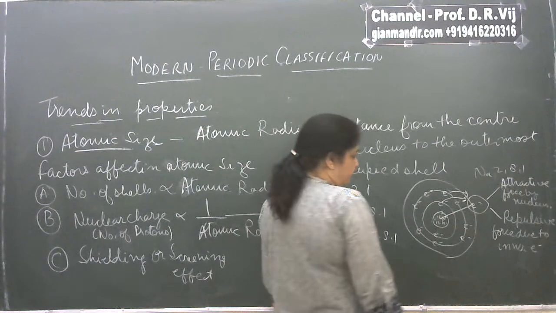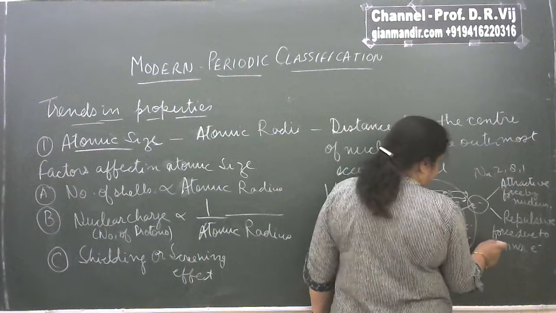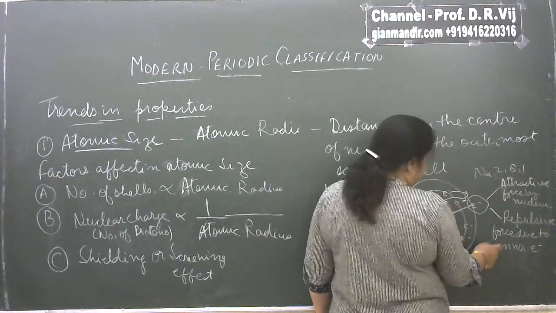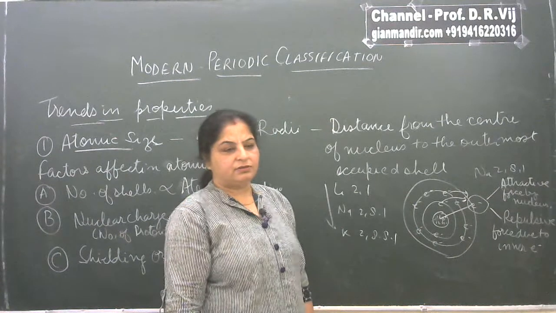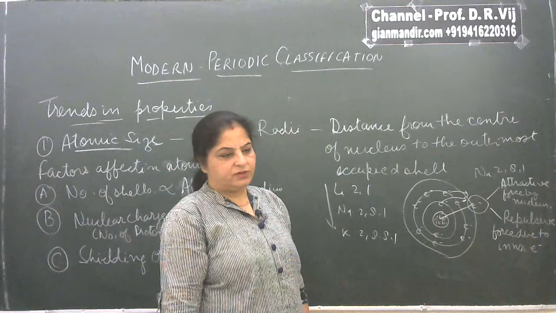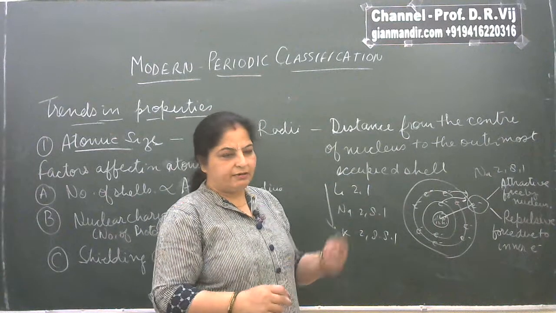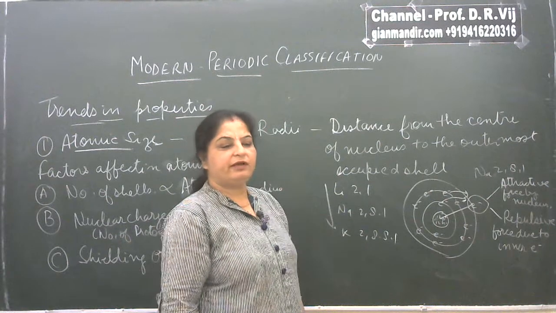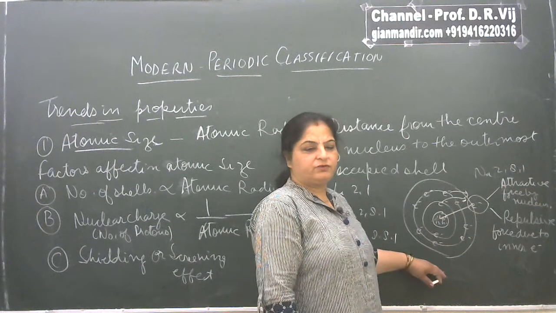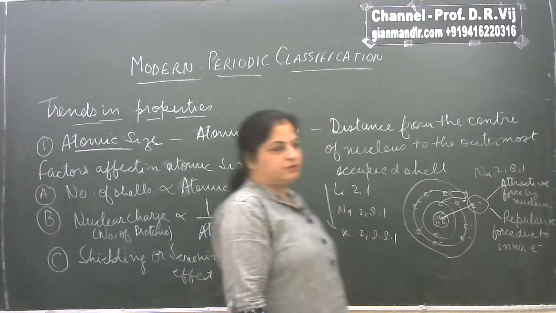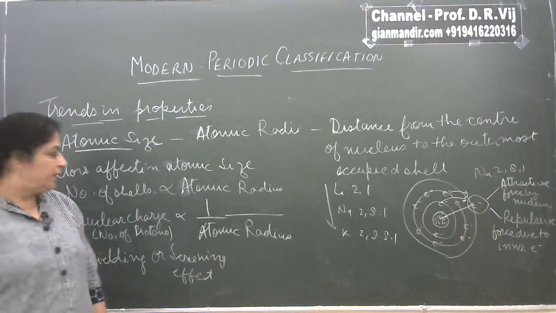And then in that case what will happen? That some of the attractive force of the nucleus will be counterbalanced by the repulsive force of the inner electrons. In that case we can say that the attractive force of nucleus on the valence electron has been reduced due to presence of the repulsive forces of inner electrons. And this is what is known as screening or shielding effect.